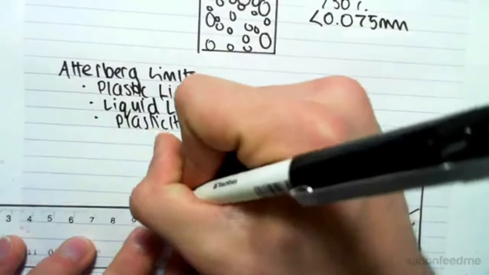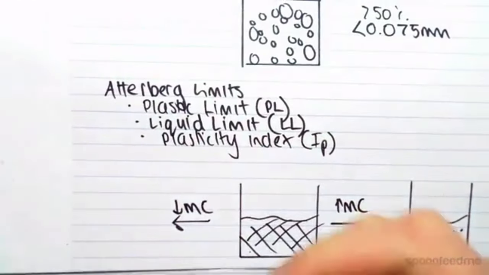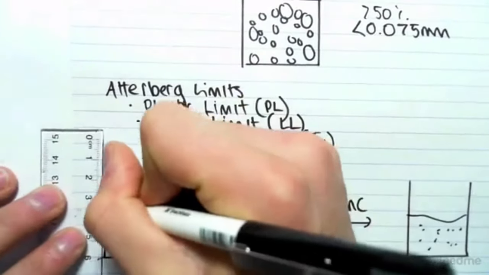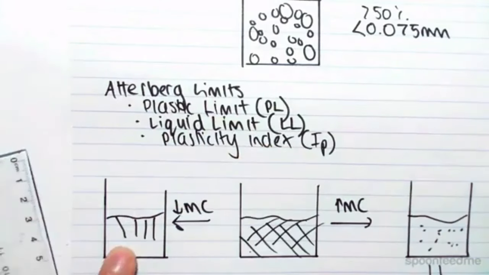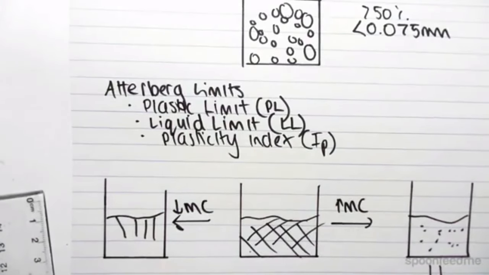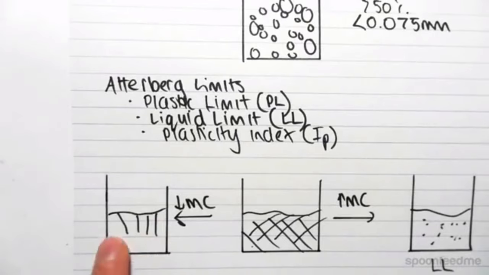And the other spectrum is when we decrease the moisture content, so we decrease the amount of water to such an extent that the sample dries out. So we start getting these cracks in the beaker, in the sample of soil, so that the sample no longer behaves like a plastic material. It no longer really takes the form of the container.